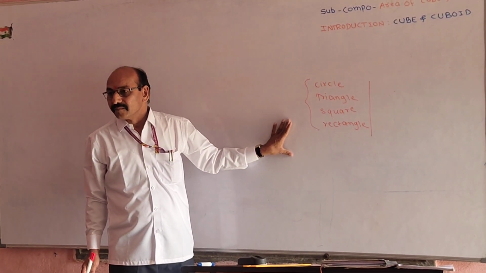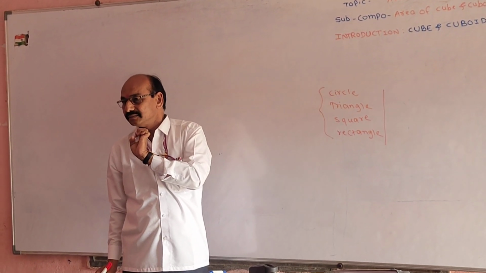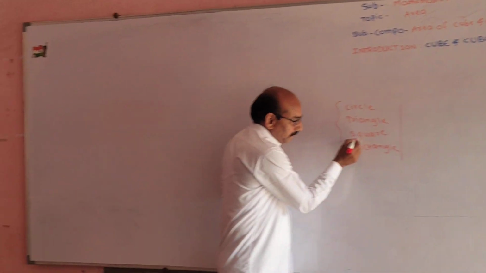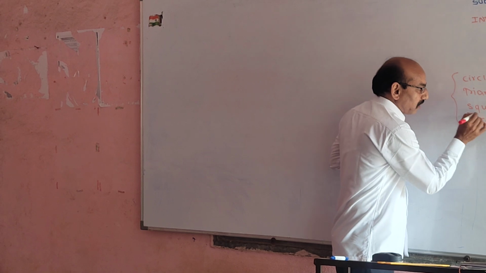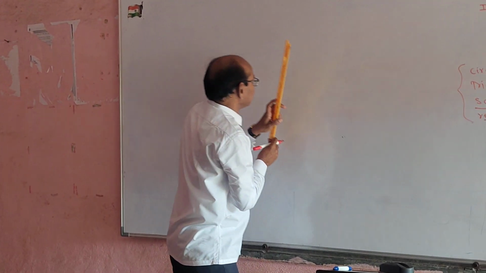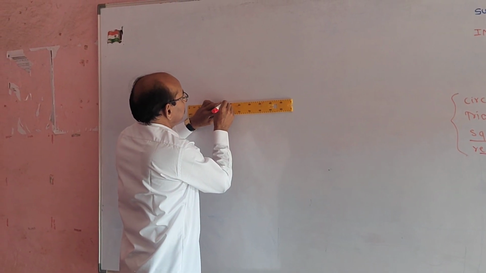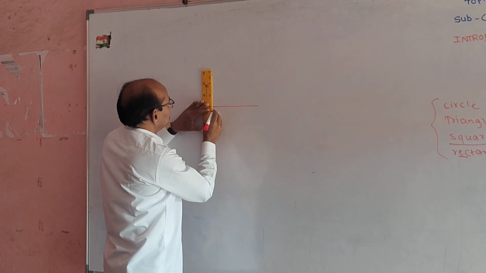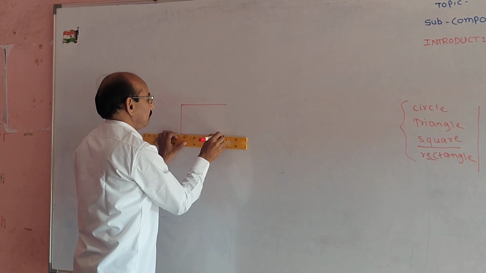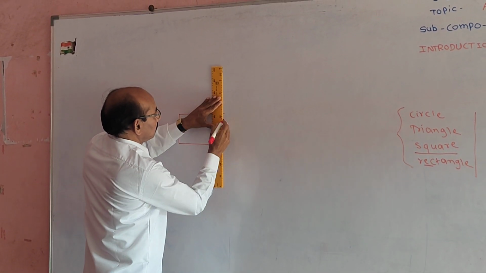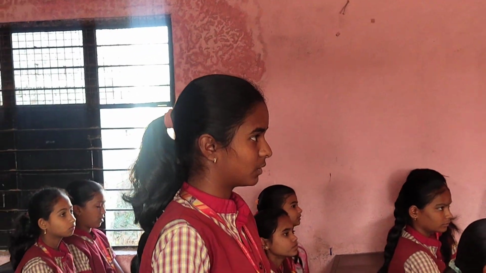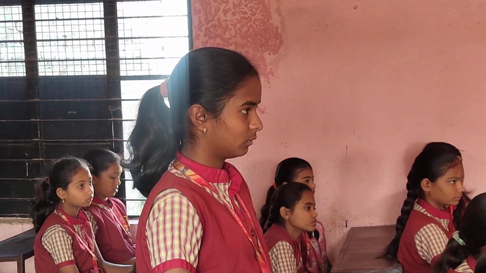These are the two-dimensional objects. For example, we have been given one rectangle like this. This one is a two-dimensional figure.